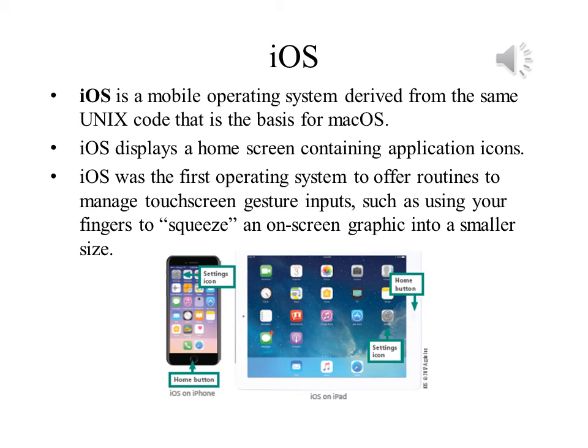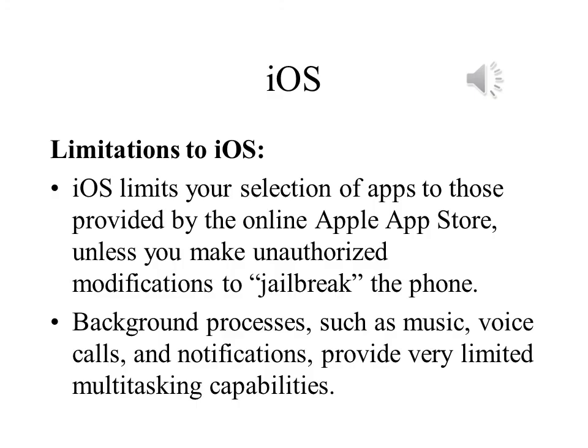The home screen shows a collection of app icons. iOS was the first operating system to use gesture input, such as pinching and stretching with your fingers to change the size of something on your screen.